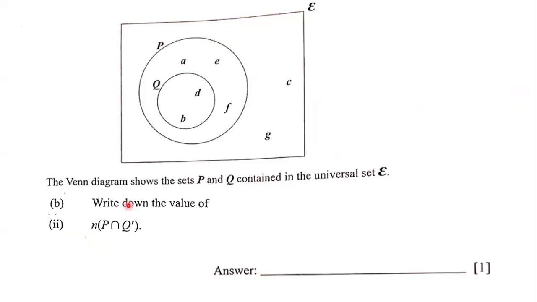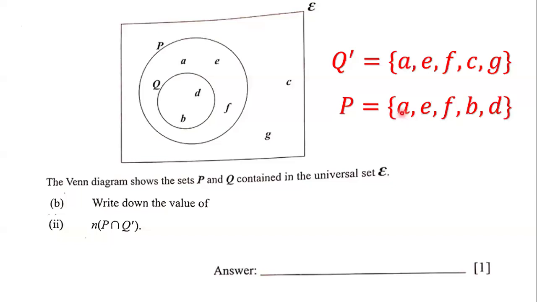The next question says that we want to write down the value of the number of elements in P intersect Q complement. What are the elements of P? Well, the elements of P are A, E, F, B, and D, right? What are the elements of Q complement?